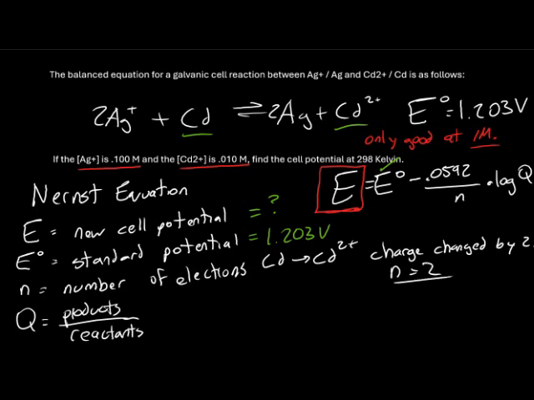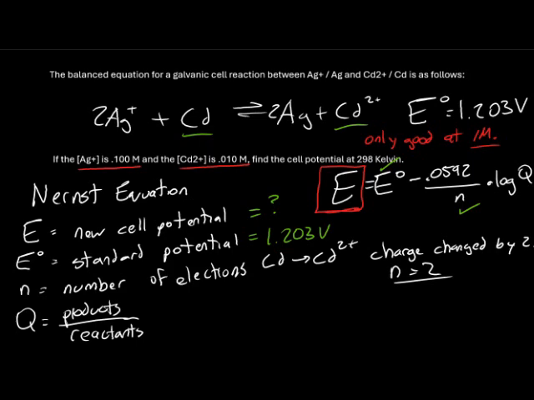If we inspect the silver as well, we can see that silver has changed from positive 1 down to 0, which is a change of 1 electron times 2 pieces, and so we would also get an answer of 2 if we used the silver to do this calculation as well. It doesn't make much difference which one you would use. Whatever makes sense to you here is fine.